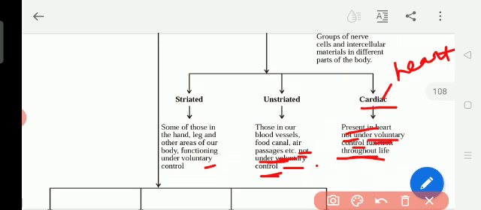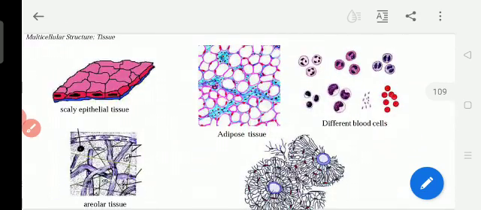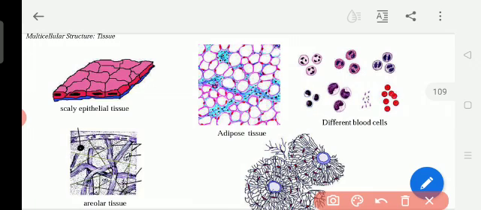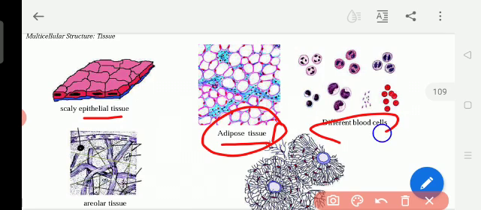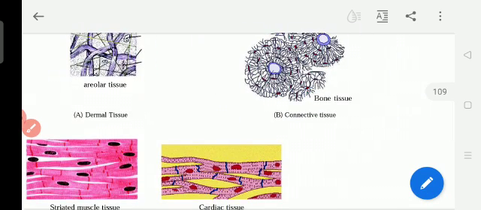So these are the animal tissues, and here are some pictures. Epithelial tissue, like dermal tissue only, skin. Adipose tissue, that means fat. Different blood vessels. Now it is the blood, lymphocytes, different white blood cells, leukocytes. Areolar tissue. And the next one is the bone tissue.